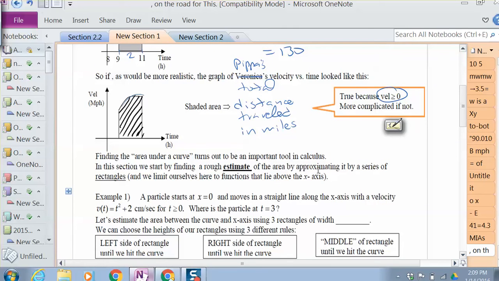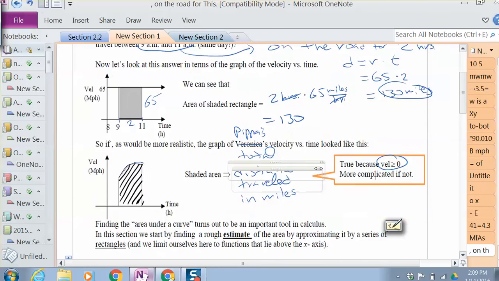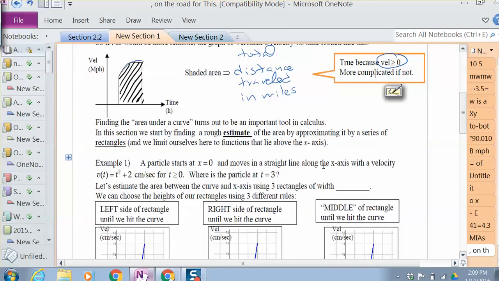So finding the area under a curve turns out to be an important tool in calculus, because it will tell us the total change that happens, which gives a basis for the antiderivative and something called a definite integral, which we'll talk about later in chapter 5.